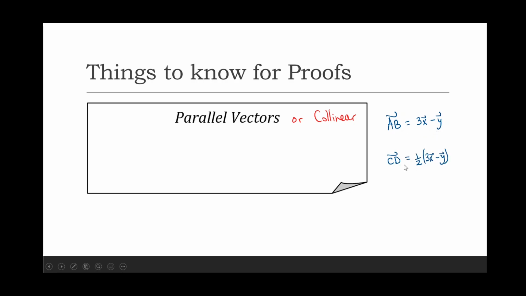And then for vector CD, you found out the relationship is exactly what AB was, but half of it. This would imply that AB is parallel to CD. This is the main relationship, that if you can stretch one by a scalar multiple or compress one by a scalar multiple to get the other, as long as k is any non-zero number, then they're going to be parallel vectors or collinear vectors.